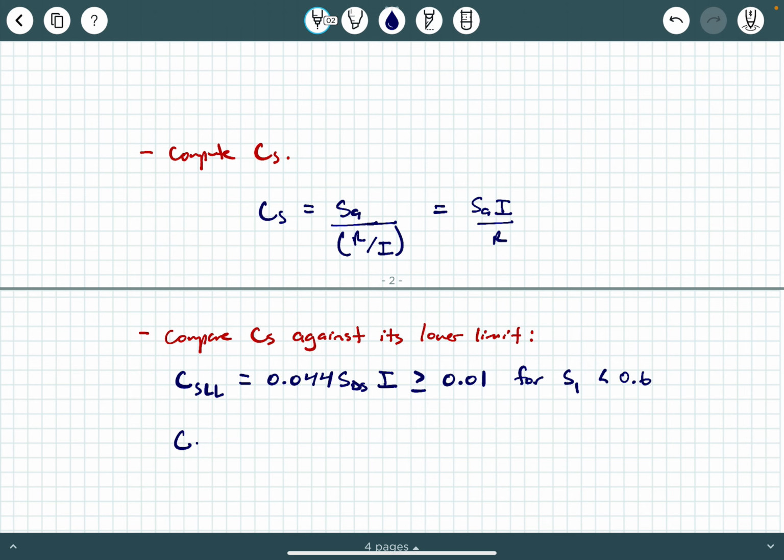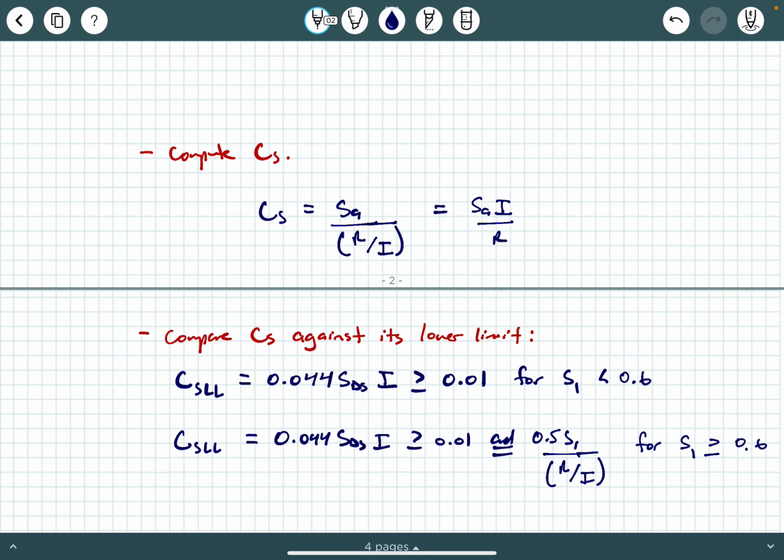In that case, the C sub S lower limit is 0.044 SDS times I, bigger than or equal to 0.01, and also 0.5 S1 over R over I. And this is for S1 bigger than or equal to 0.6.